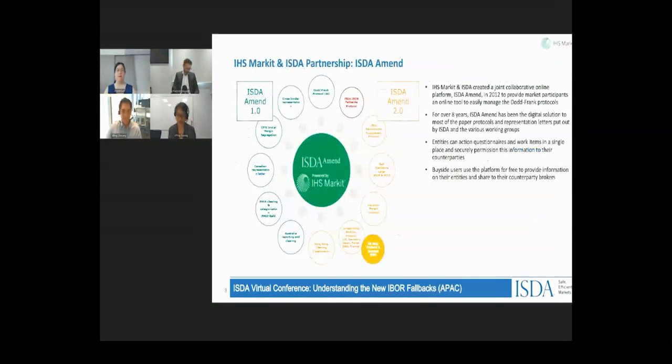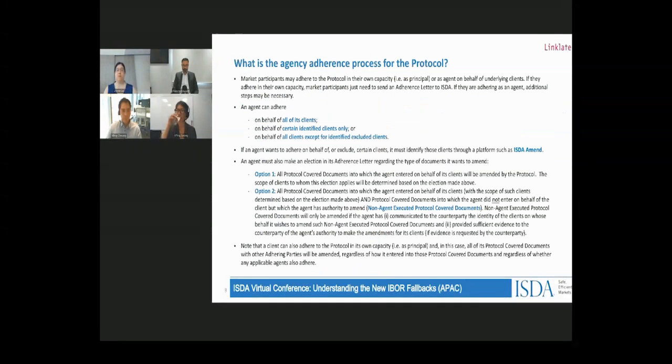Just to address a question that's come in before we move to your section, which I know is key, but since it's related, there was a question coming in from the audience about whether a bespoke master agreement that references an IBOR would be covered by the protocol. It won't be. So the document has to be what is called the protocol covered document.